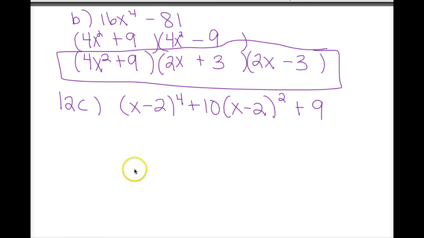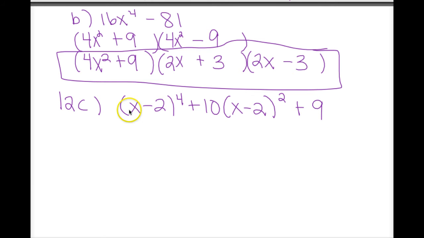So if you look back at what we did there, on your paper that you did the homework on, or in your book if you wrote it in your book as well. This one, when I look at it, there is no GCF like there was in the example in the book because this term over here doesn't have an x minus 2. However, the concept is pretty much the same.